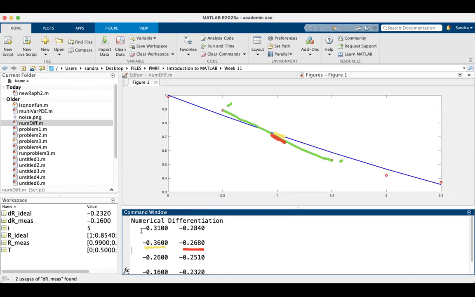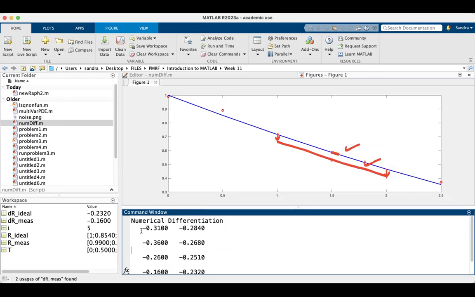Now, if you look at the next value, this is very closely matching, 2.6 and 2.514. Why is that? Because for this point you are calculating the real slope here, and for the measured value also you can see this point has a negative error. This point is also having a negative error. So if you join these 2 points, you get a line which has almost the same slope as this one.